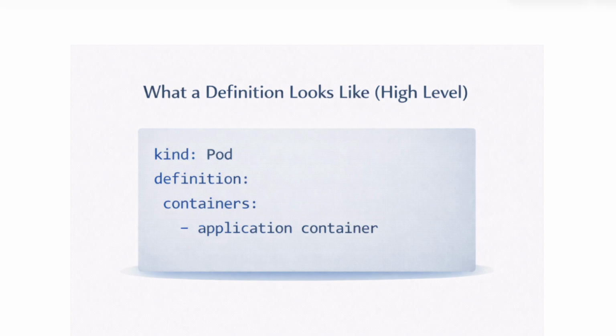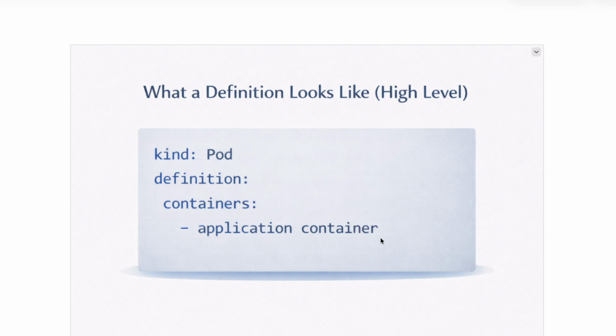This file describes what Kubernetes should create. It tells Kubernetes we want a pod and that the pod should run an application container. We are not learning this file yet. We are only understanding that Kubernetes uses a file like this to remember what you want to run.